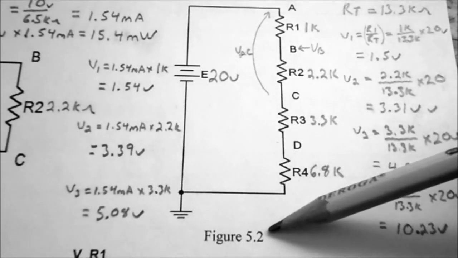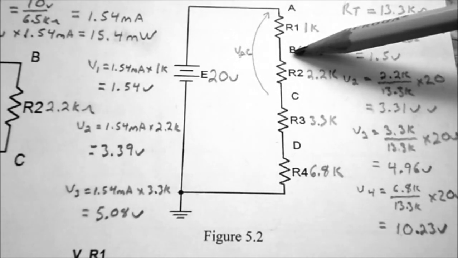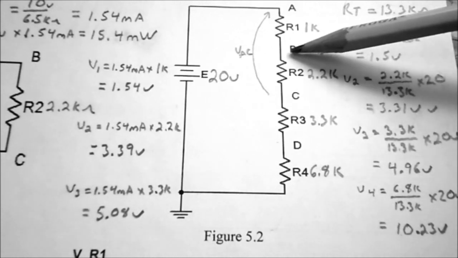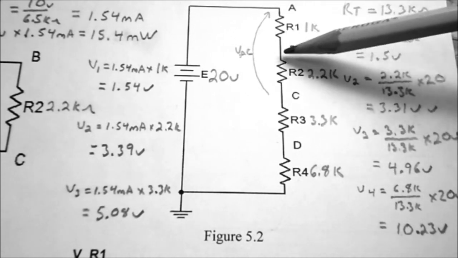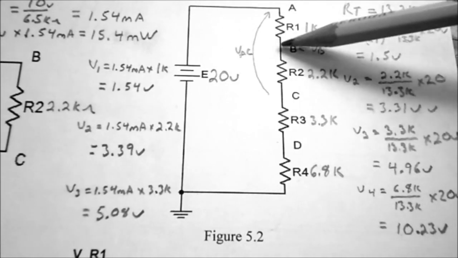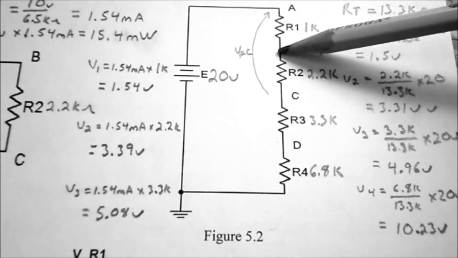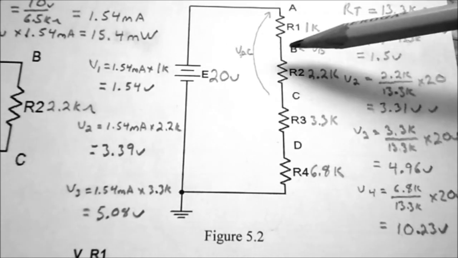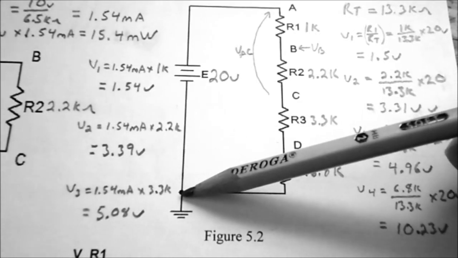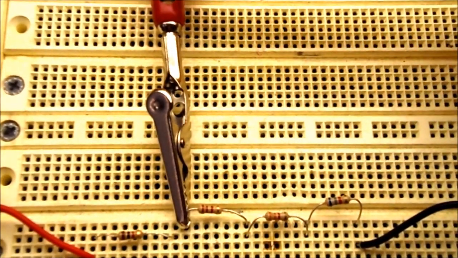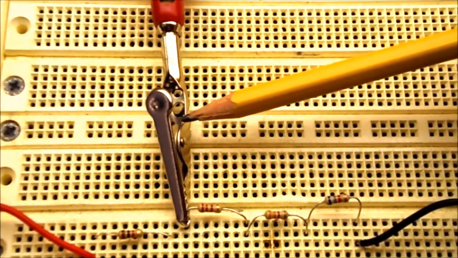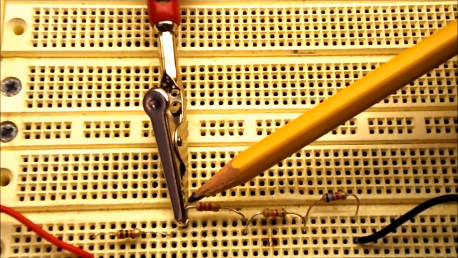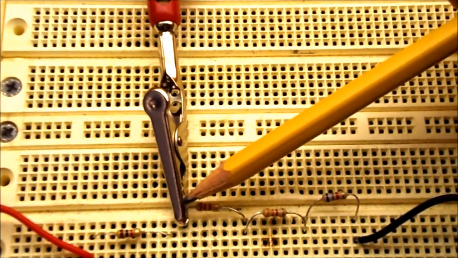So in figure 5.2, for the voltage at point B, we're going to be putting our red banana lead from the voltmeter between R1 and R2. Doesn't matter which one you clip it to because they're connected together, as long as it's at the junction of R1 and R2. And we're going to take that with respect to ground. So my red banana lead with the alligator clip on is going to go between R1 and R2, so I've just clipped it to the top of R2.